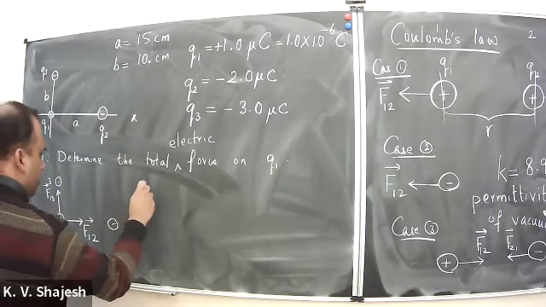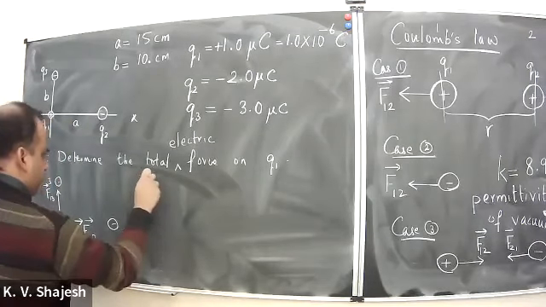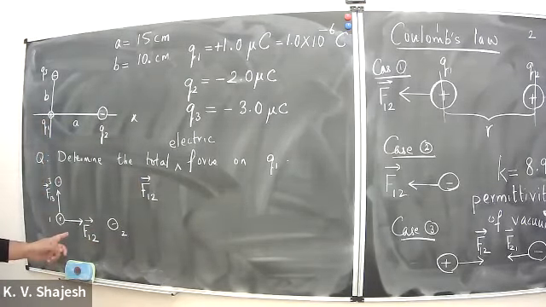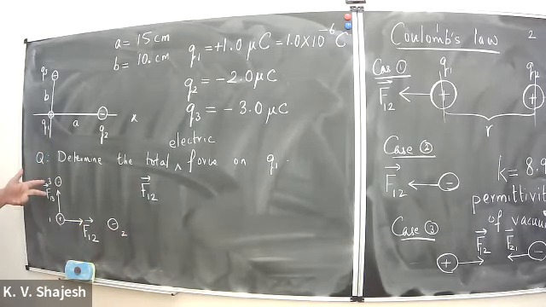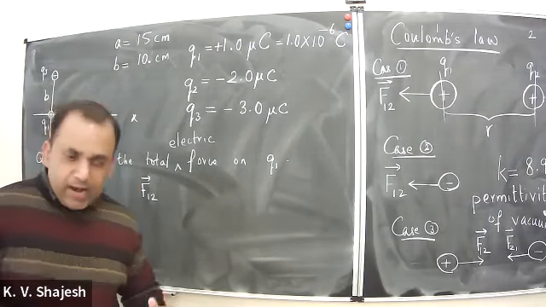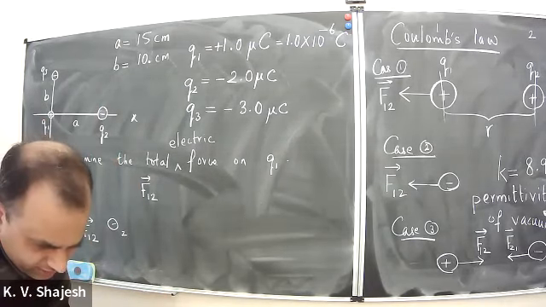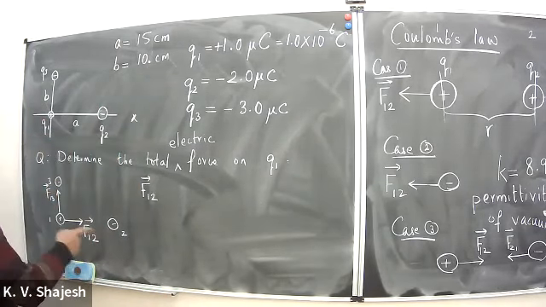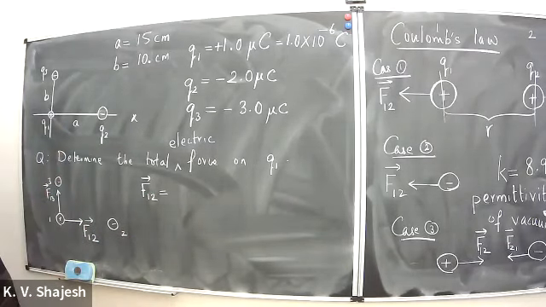So let's see what F12 is. It's clear here that this is along the X direction, right? The problem has been constructed in such a way that all the forces are either in the X or Y direction. That need not be the case. We will come back and do such examples later. But in this case, we know that this is in the horizontal direction.